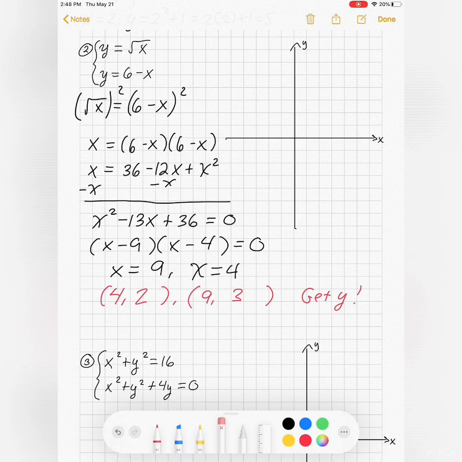Let me graph these. Okay, square root of x: 0, 0; 1, 1; 4, 2. Let me even do this.